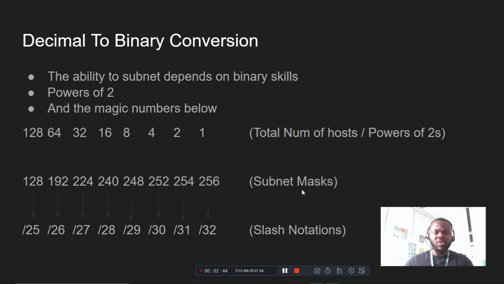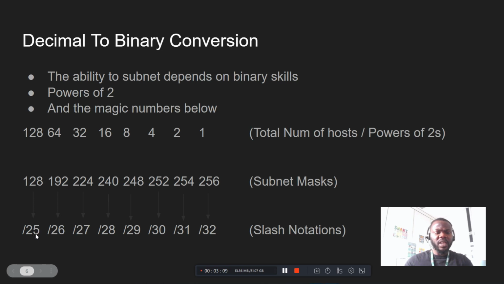In every given question, you are going to be asked to find your subnet mask, and it will always be one of these numbers. If you get anything outside of these numbers, then your subnetting is not correct. Most especially, I would like to mention that 254 and 256, we don't normally use them. So you are going to be having from 128 to 252.